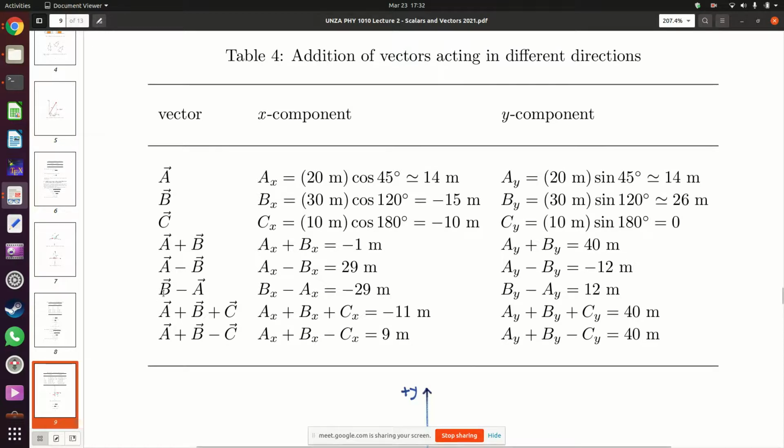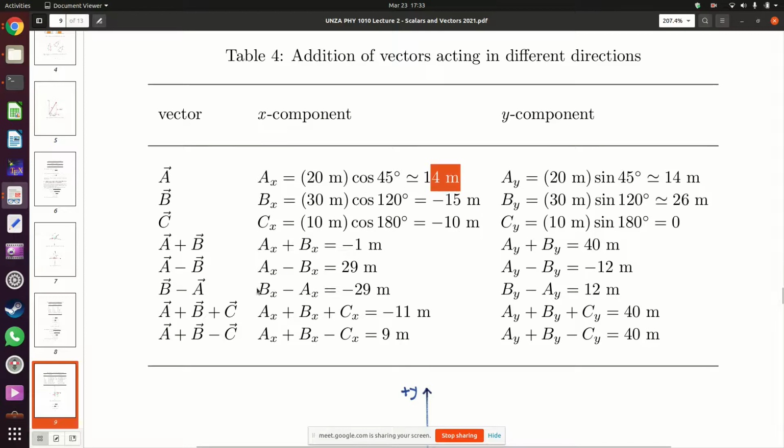Then you have this one here, b minus a. This is another calculation, and we need to find out how much b minus a is along the x-axis and how much b minus a is along the y-axis. To find out how much b minus a is along the x-axis, we know that bx is minus 15, then ax is 14.